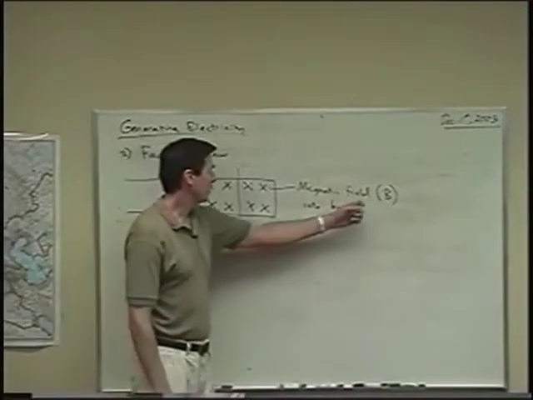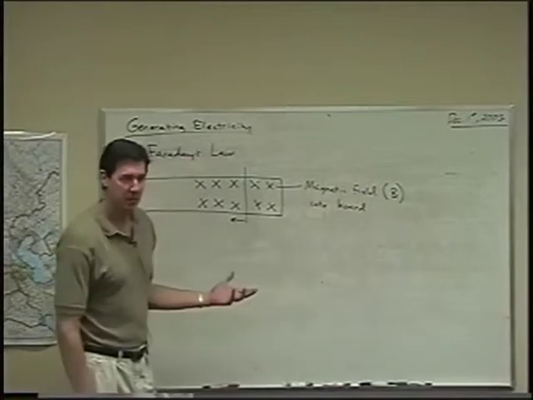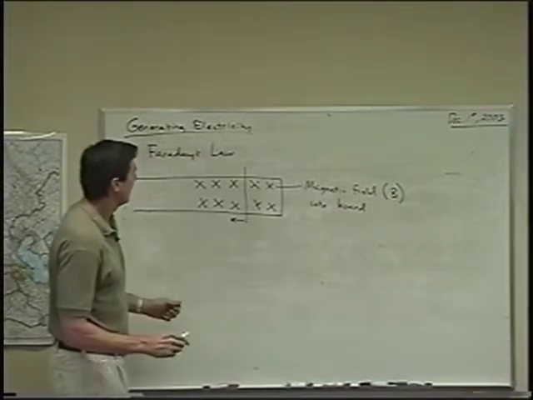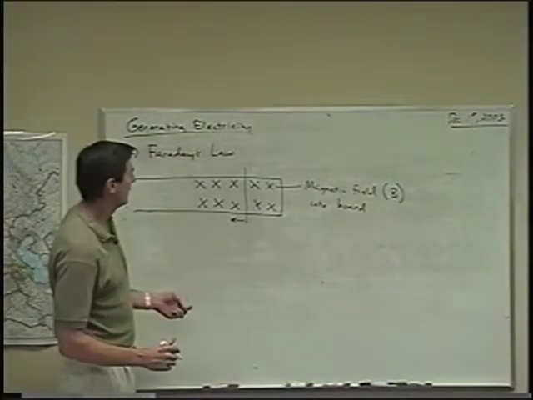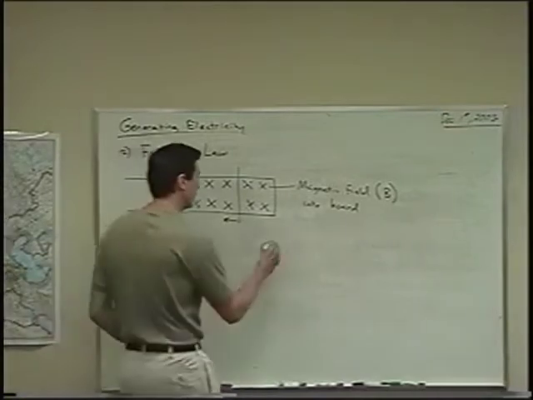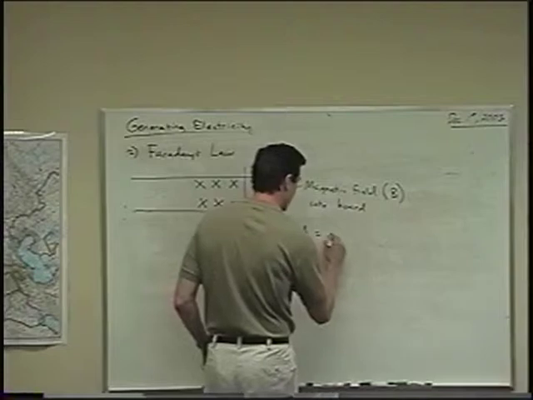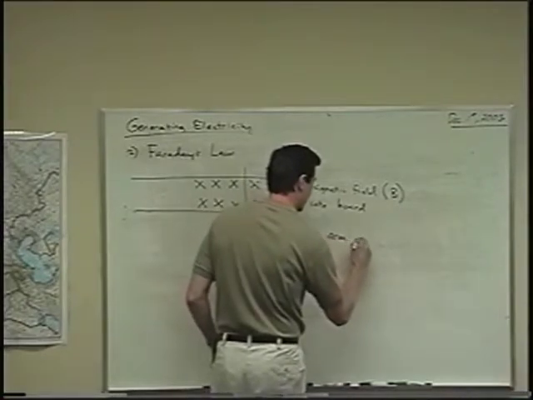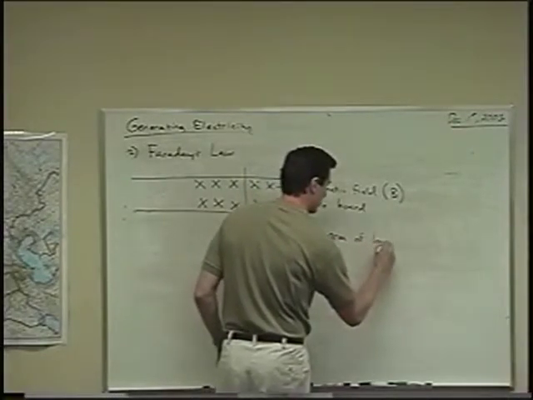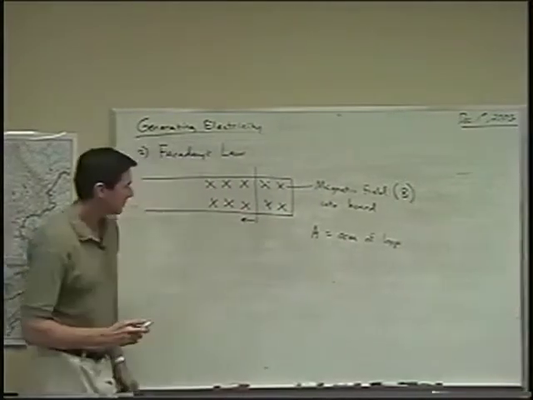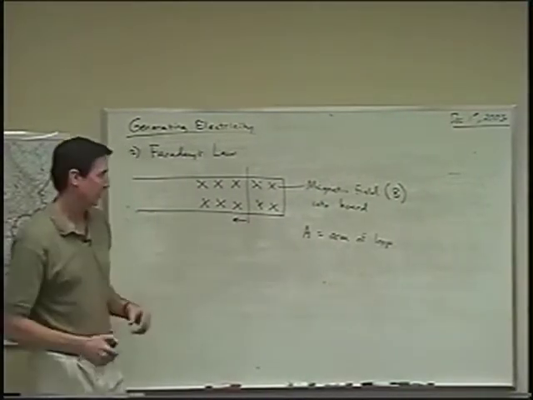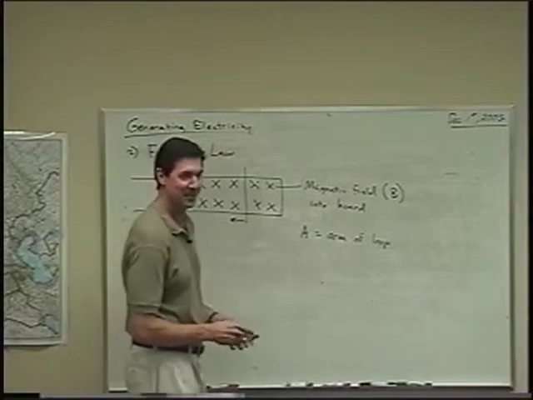So we call the magnetic field strength B. Now, if we call the area of the loop A, so A equals area of loop, I assume Daniel approves of A standing for area.